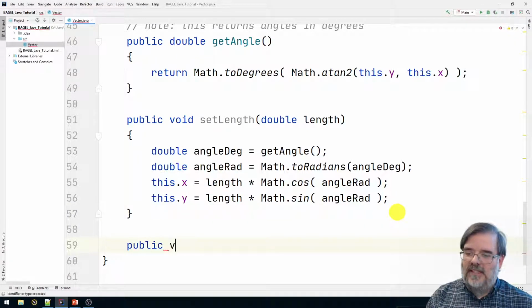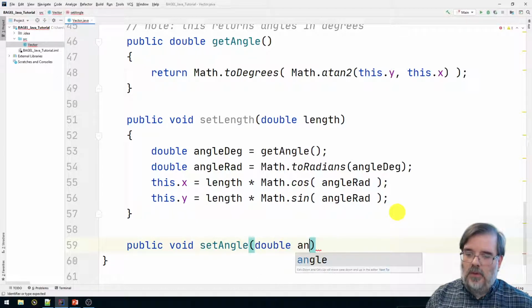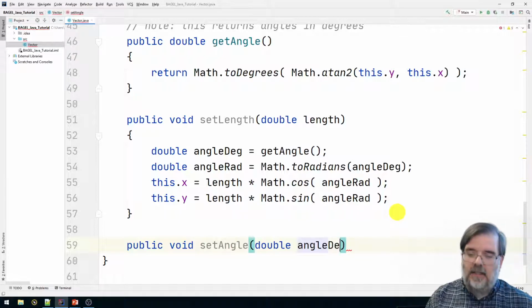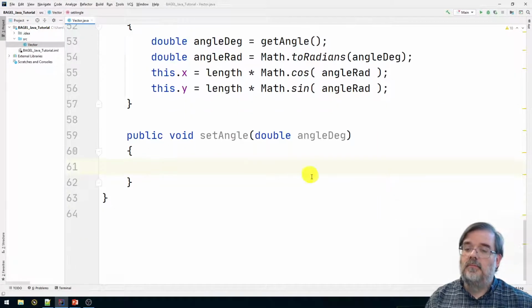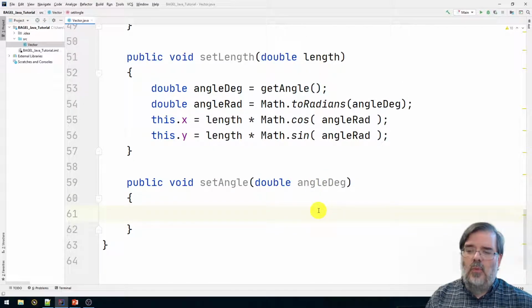So when we set the angle, whatever we want the new angle to be, let's assume it's in terms of degrees, we first need to know what the current length is, and then we will convert the degrees to radians.